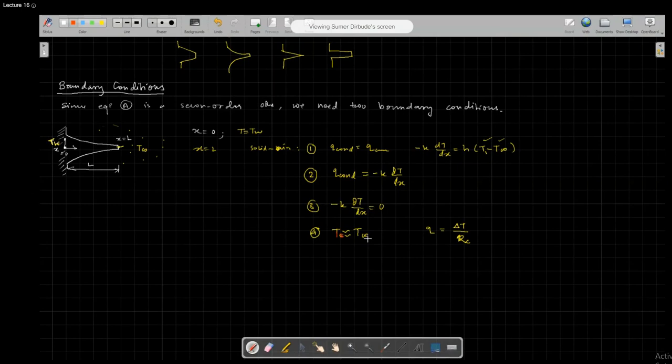We are saying that it is only in the case when this Q is written in terms of convective resistance. This is a convective resistance, 1 by HA, where A is the cross section area. Okay, got it, fine.